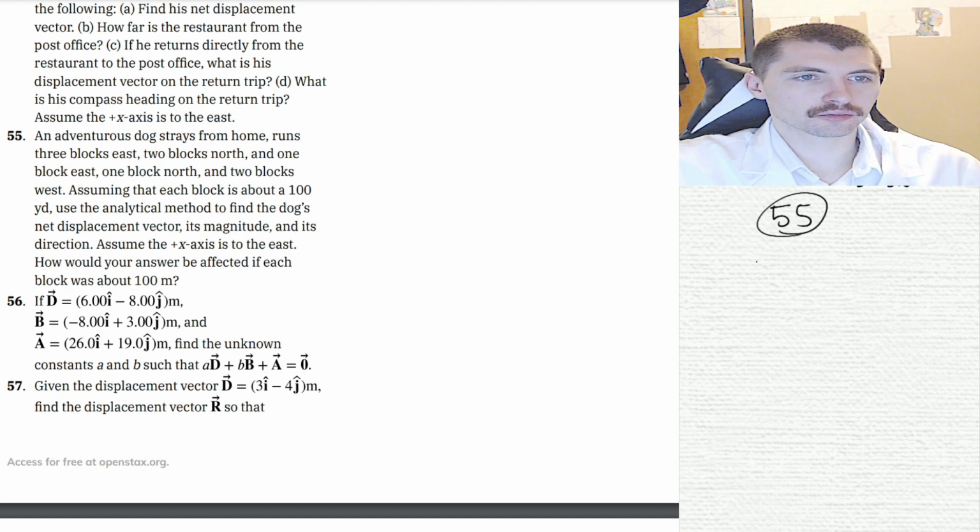55. Dog runs straight from home. Okay, so move 1. He goes 3 east.